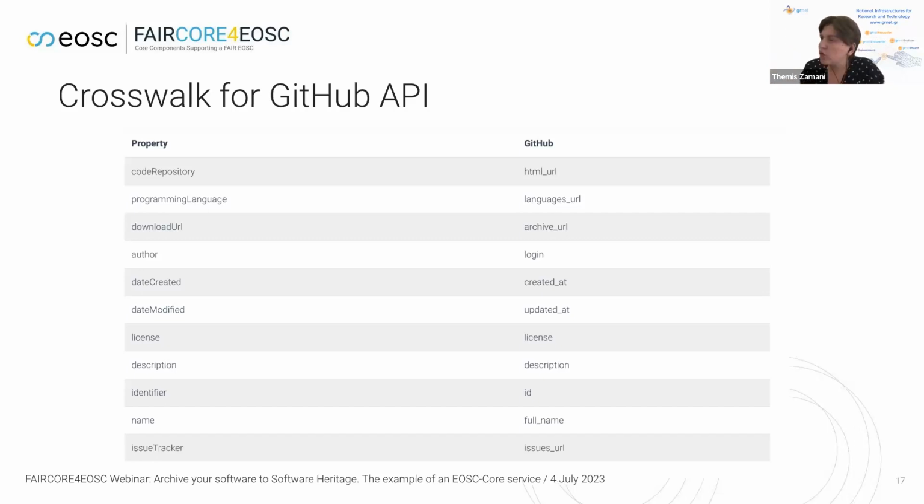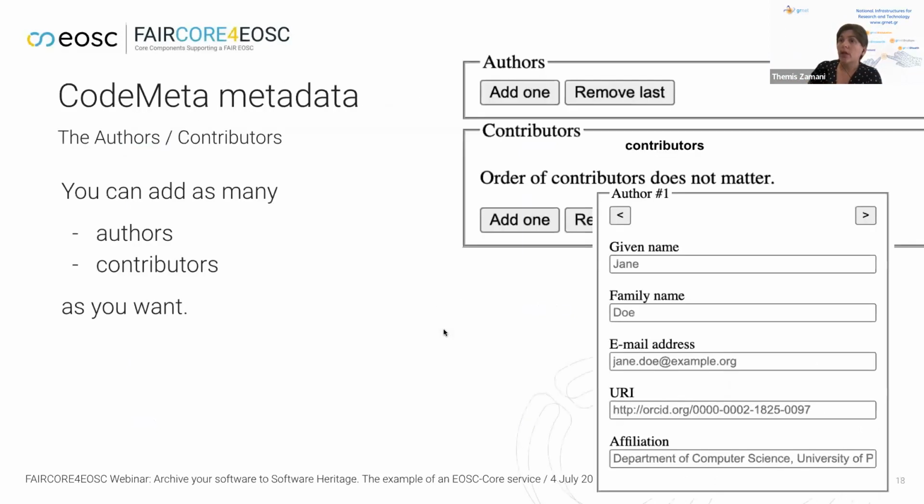For example, the code repository for Software Heritage is the HTML URL from the GitHub API. That is useful when you want to find information to fill in your CodeMeta file.